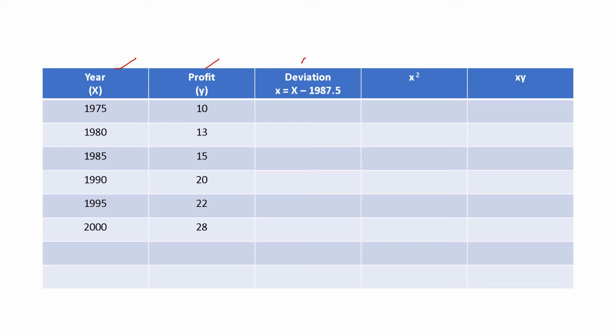So deviation x is equal to X minus 1987.5. This capital X is the year value. So small x is equal to capital X minus 1987.5. So let's see how we get this 1987.5.